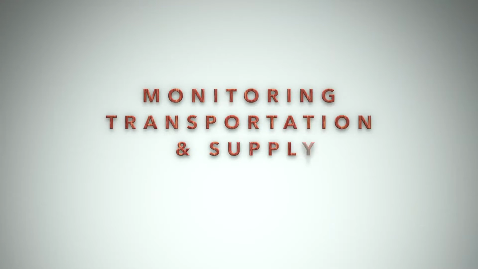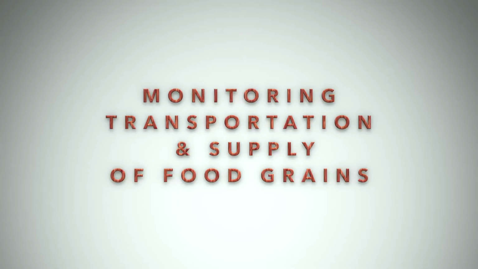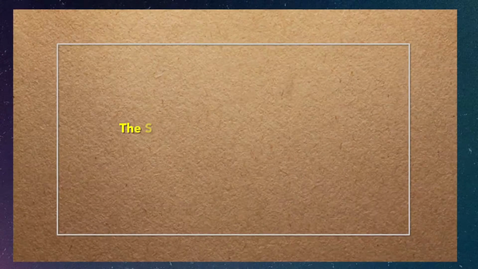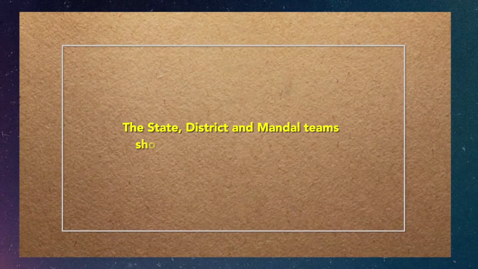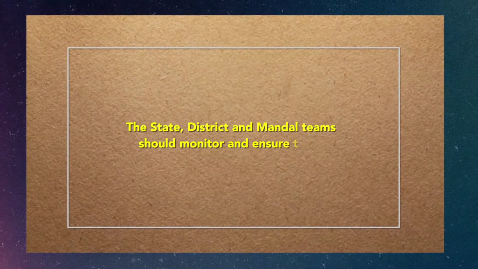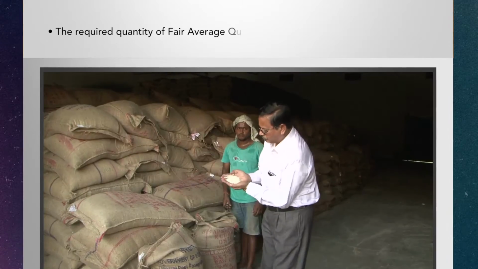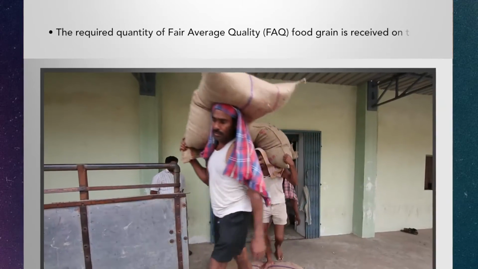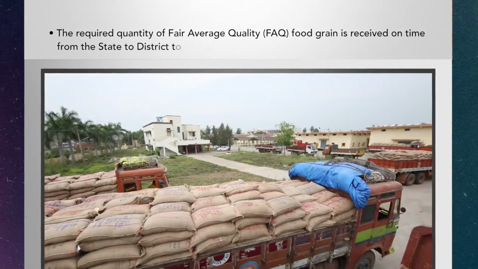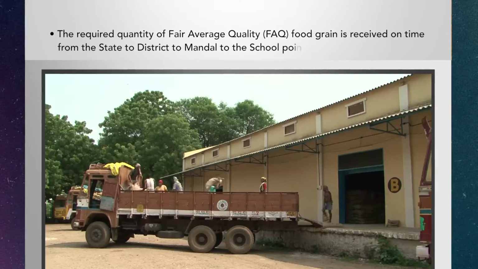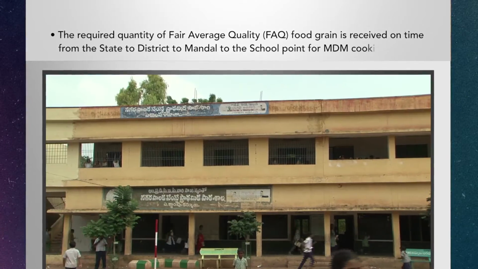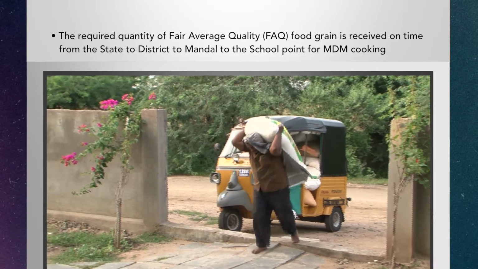Monitoring transportation and supply of food grains. The state, district and mandal teams should monitor and ensure that the required quantity of fair average quality (FAQ) food grain is received on time from the state to district to mandal to the school point for MDM cooking.